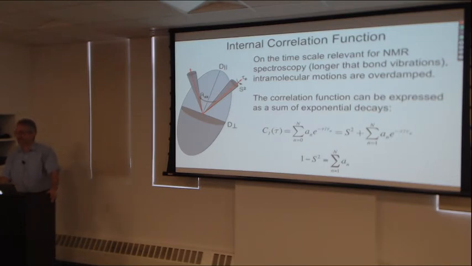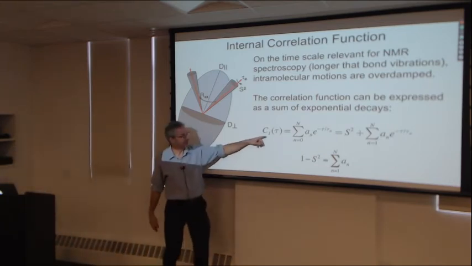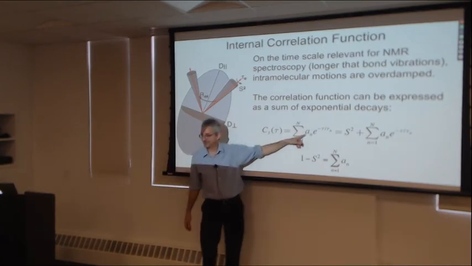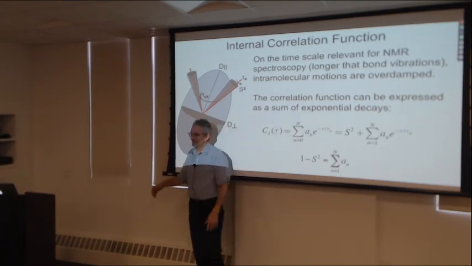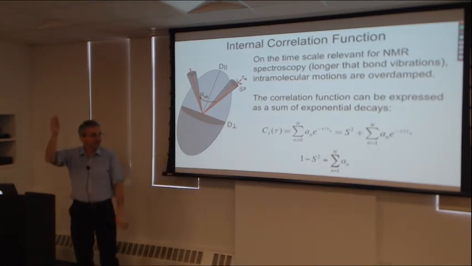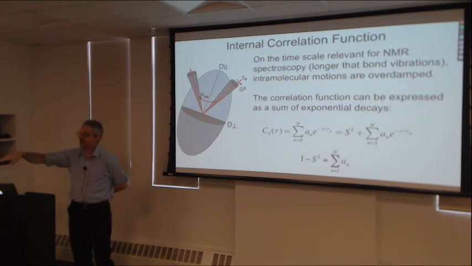But to the extent the motions are overdamped, then the internal correlation functions are going to be sums of exponentials. And if the internal motion is restricted, then that internal correlation function is going to come down to some plateau that is not going to be 0.